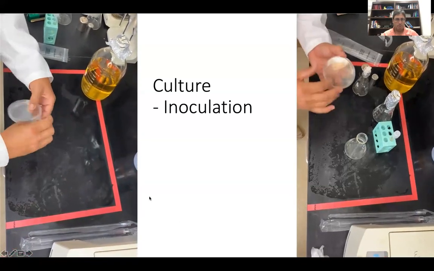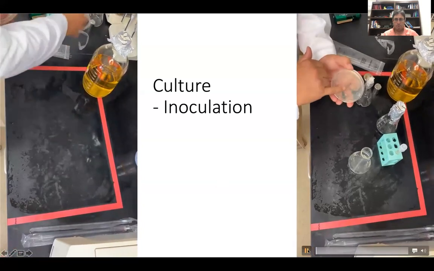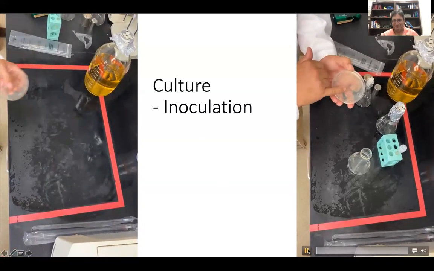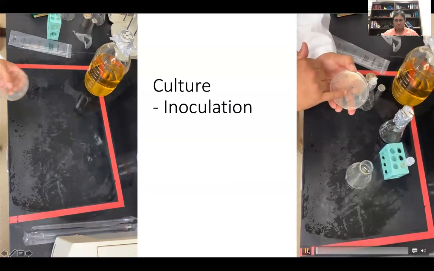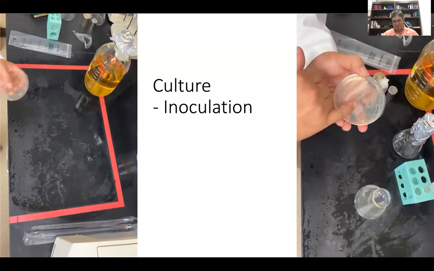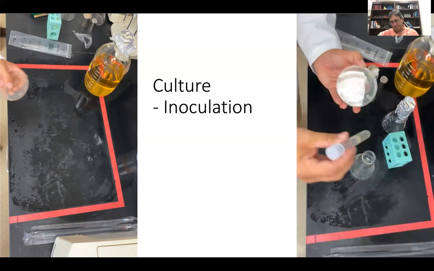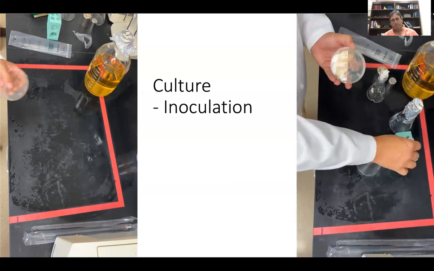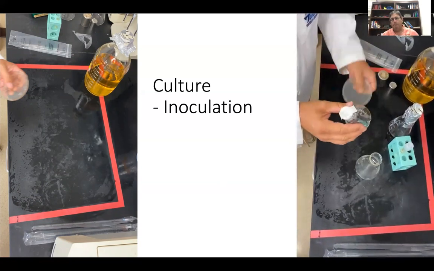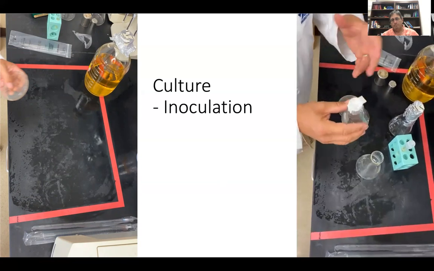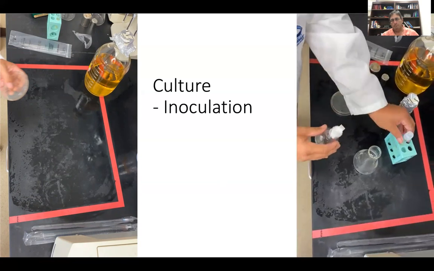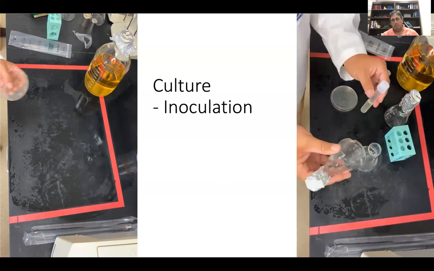Is to, again, take a colony, a single mound of cells, and transfer that into a liquid volume, maybe a small volume or a larger volume. There are two basic kinds of vessels that we use here. We use test tubes and we use flasks.